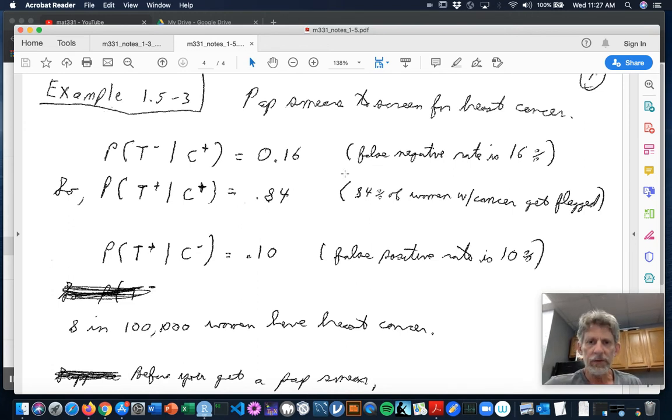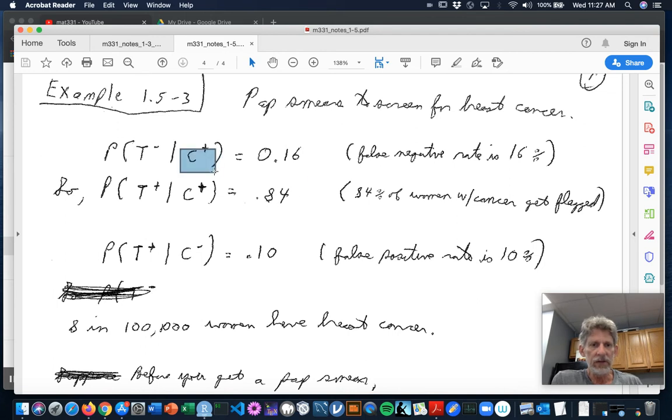Pap smears had a false negative rate of 16%. What does that mean? It means that if you actually did have breast cancer, then there was a 16% chance that the pap smear test would come back negative, meaning I'm not seeing any evidence for breast cancer.